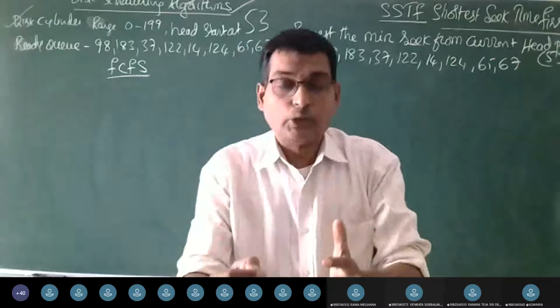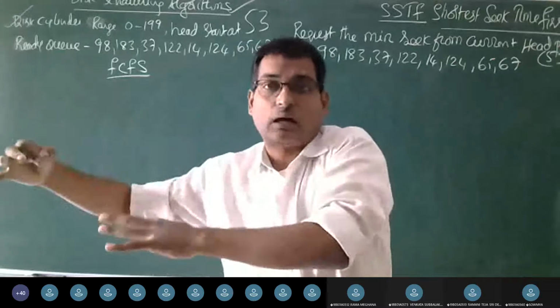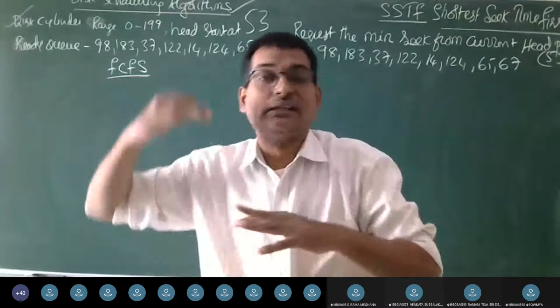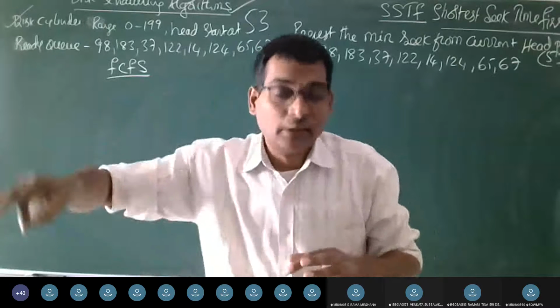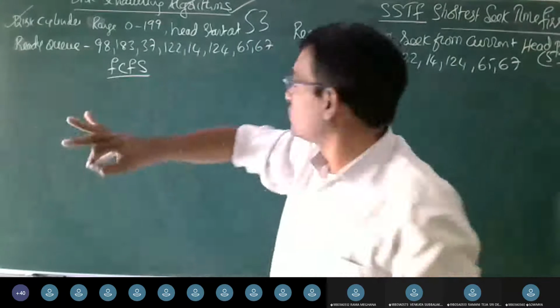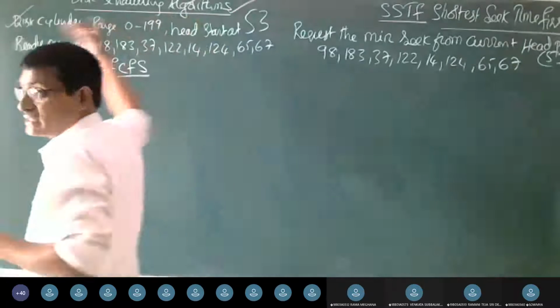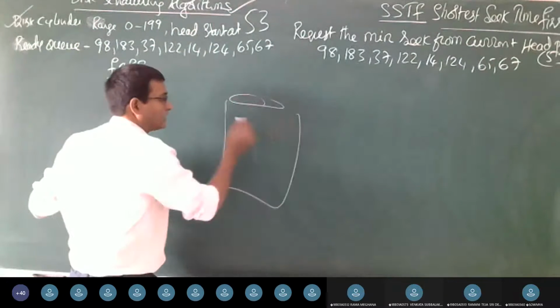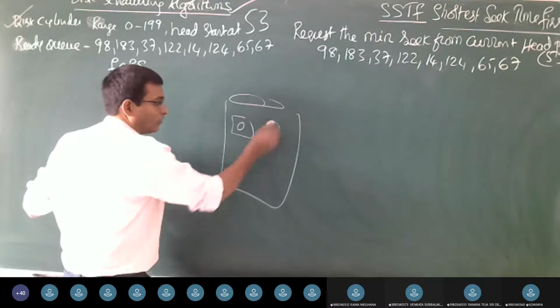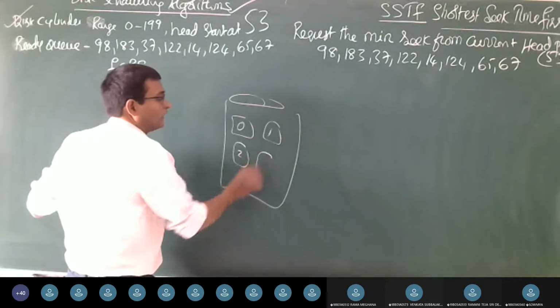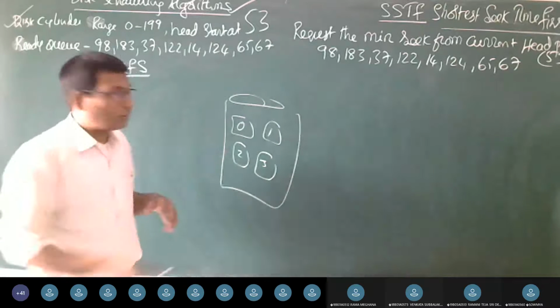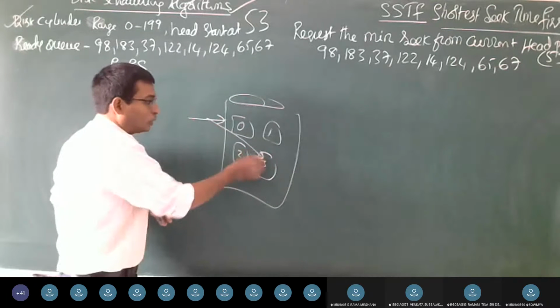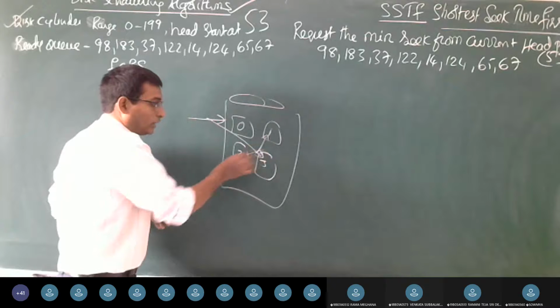From the current position, the operating system sees where the disk arm is going to be moved. That is what we call disk scheduling. I have a disk here, and I am at 0, 1, 2, 3. How is the arm going to move from 0 to 2, from 3 to 2, or 3 to 1?